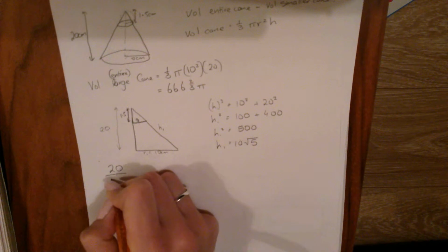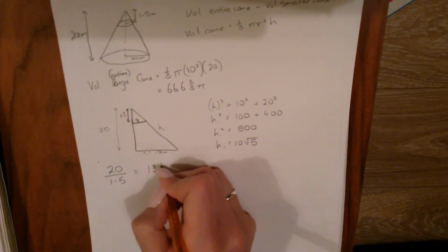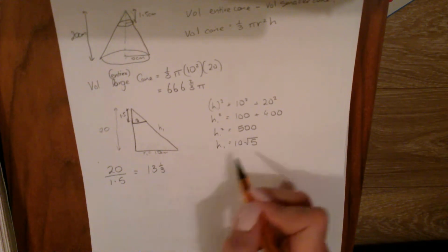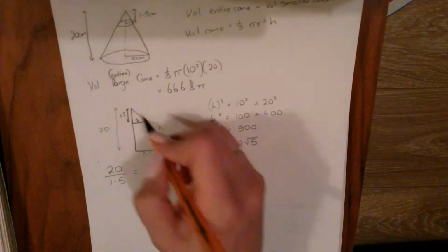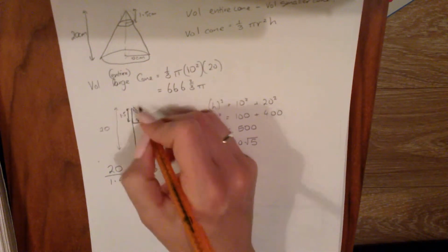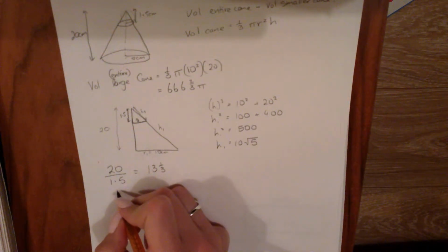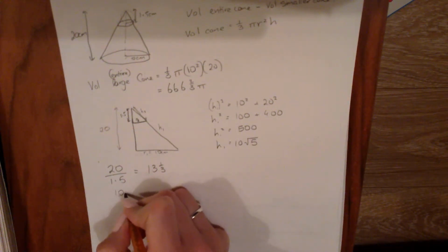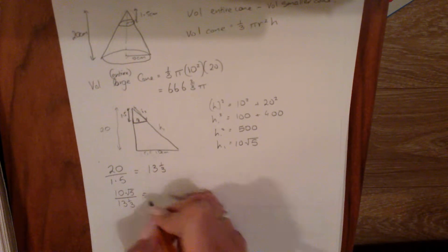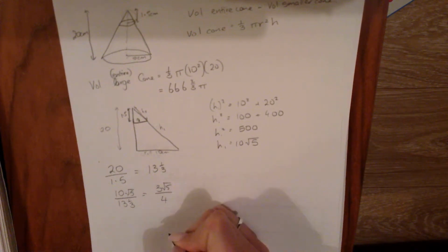So we can take the 20, divide it by the 1.5, and it gives us a ratio of 13 and 1/3. So if we want to find what 13 and 1/3 of the height is, that should give us the hypotenuse. That will give us the second hypotenuse here. So we take our 10 root 5 divided by 13 and 1/3, and we get 3 root 5 over 4.